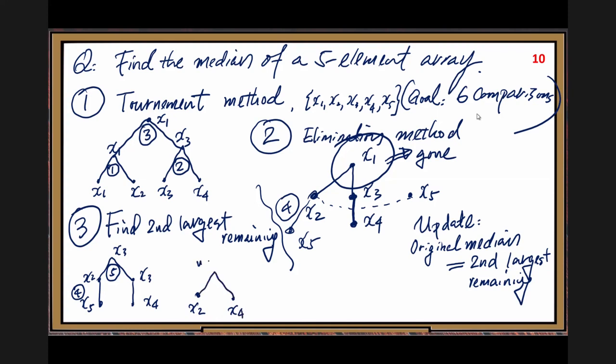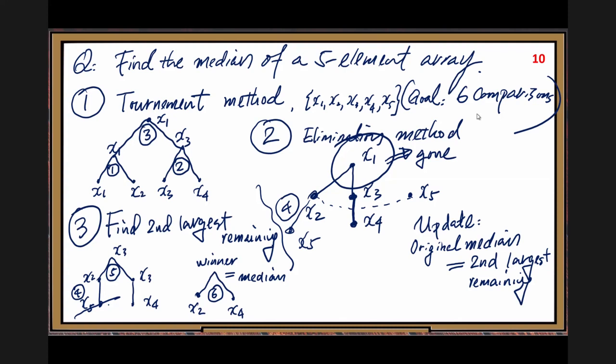The winner would be the median. This is number 6. This one you can exclude, because it is already less than x2. How can it be the second largest?